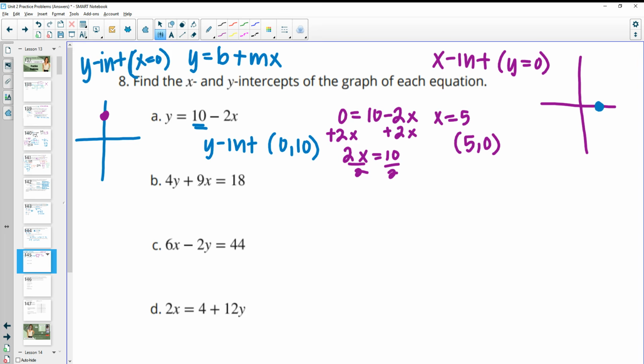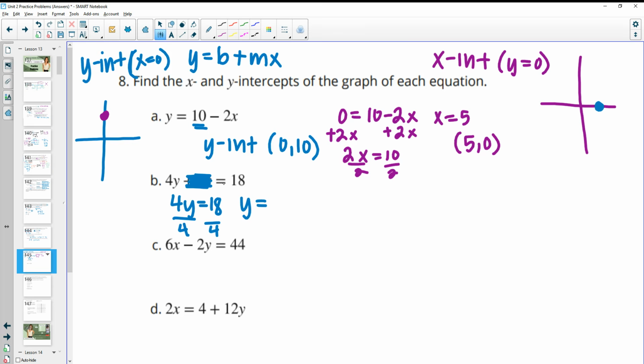So here, when it's in standard form, in my opinion it's easier to just not solve it for y. I would just plug 0 in for x, and that's just going to zero this whole thing out. So then we just get 4y equals 18, divide by 4, and we get y equals 2.5.